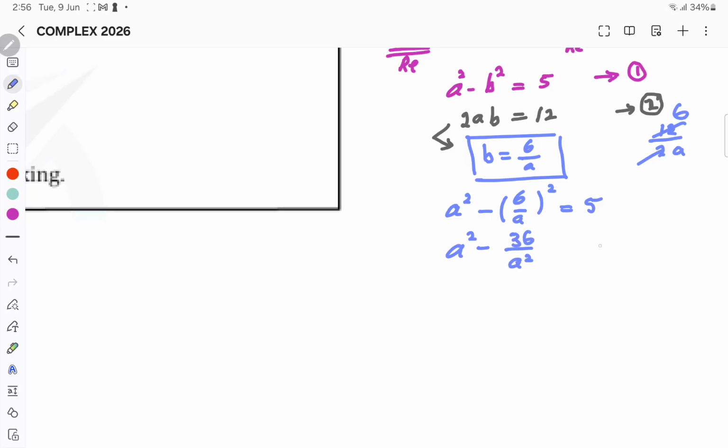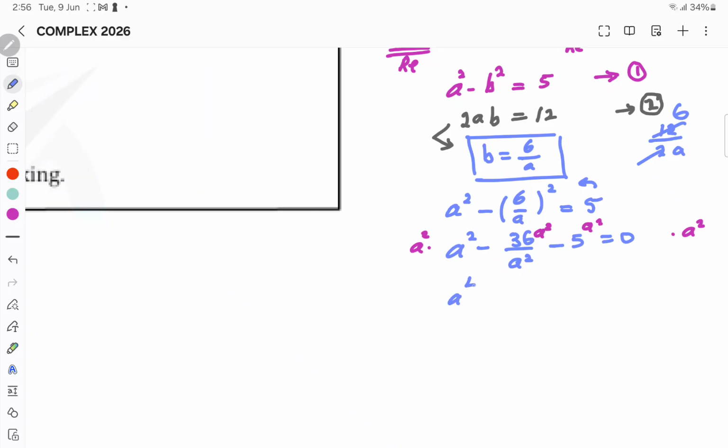All of that minus 5, shifting that to the other side, equals 0. Multiply through by a squared to remove the denominator. So I will multiply here by a squared, here a squared, here a squared, and here also a squared. Anything times 0 will be 0.